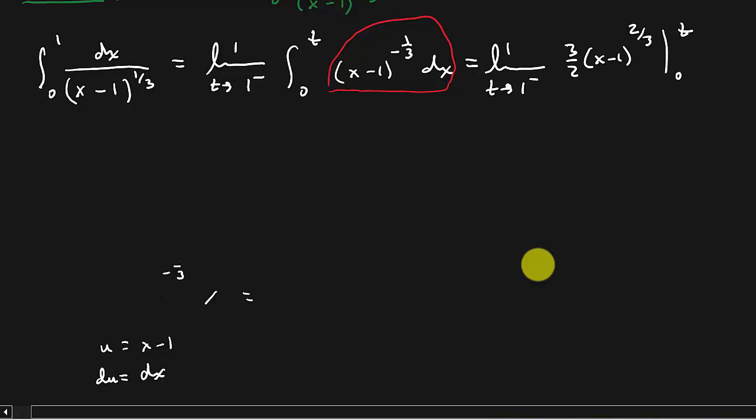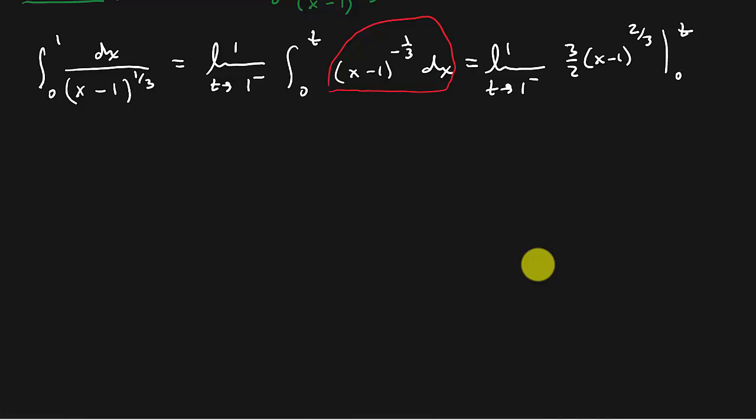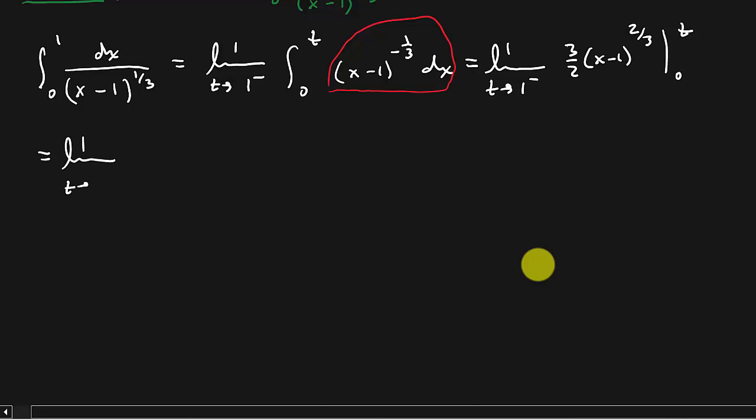All right, so let's evaluate that limit. All right, so this is going to be the limit as t goes to 1 from the left, and that's going to be 3/2 times, so let's plug the t in, so that's t minus 1 to the 2/3 minus, what is that, 0 minus 1?